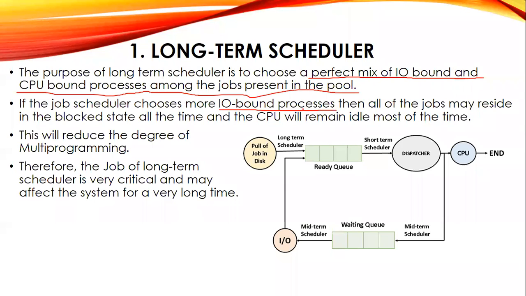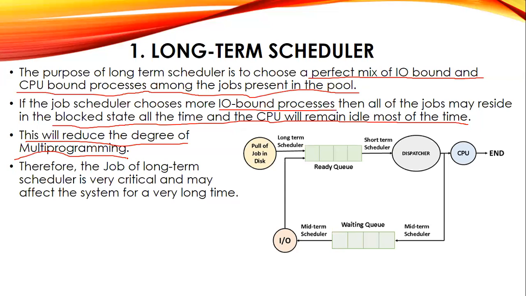Then all the jobs may reside in the blocked state all the time, and the CPU will remain idle most of the time. If we have several input-output processes, they will always be trying to do some input-output operation, and the CPU will be idle most of the time. And this will reduce the degree of multiprogramming.